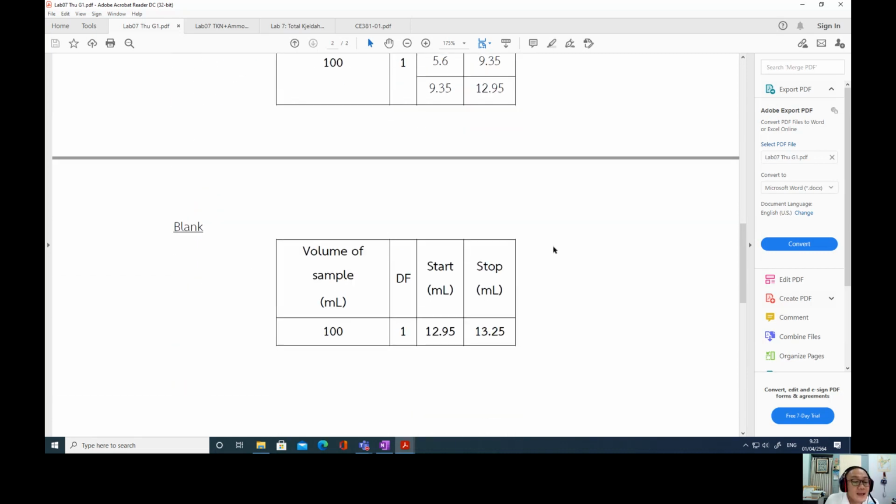And one more thing, the blank titration. Here it shows the starting points and the stopping points.